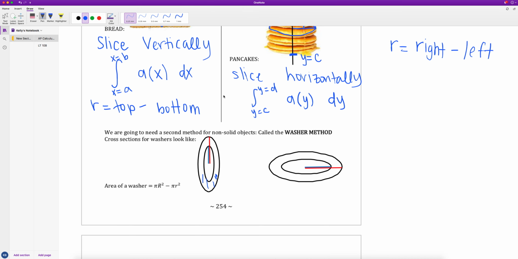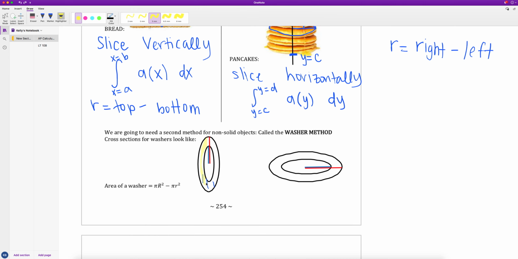So let's highlight that. On a washer here, I don't have a solid disc all the way around. Instead, I only get the stuff that is in between the two that I'm looking at.